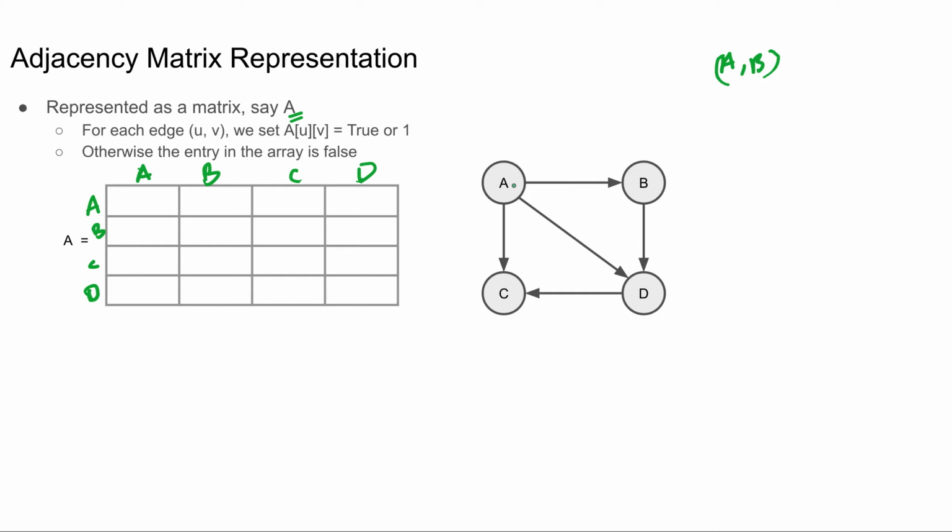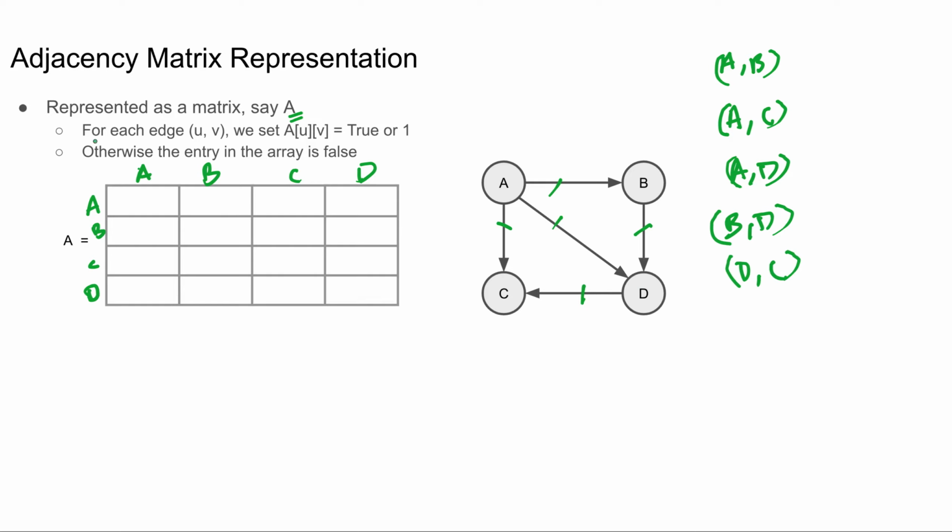That is, you have a connection from A to B, not from B to A. So B, A will not be an edge. Then we have A, C and A, D. Then I have an edge B, D. Then one more edge, that is D, C.